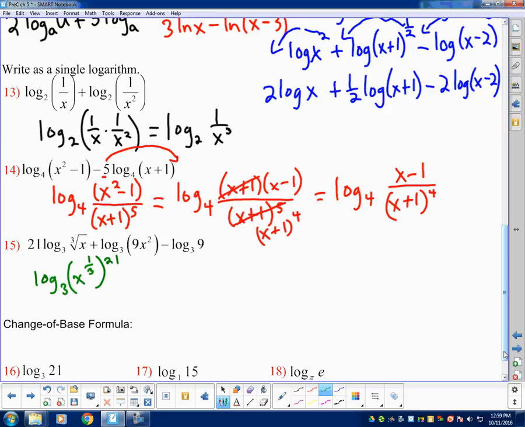And then let's just rewrite the rest of this. Plus log base 3 of 9x squared minus log base 3 of, let's think of the 9 as 3 squared.